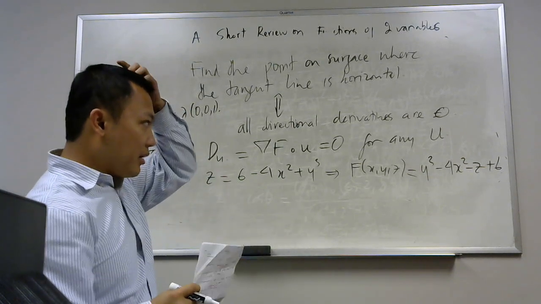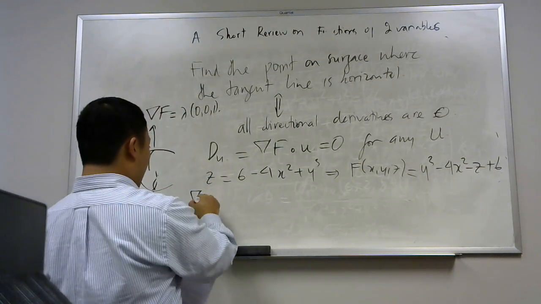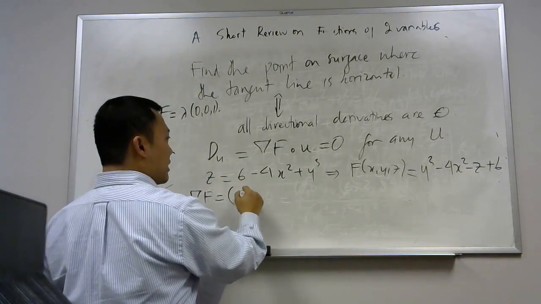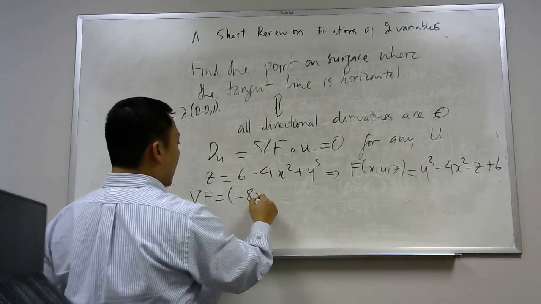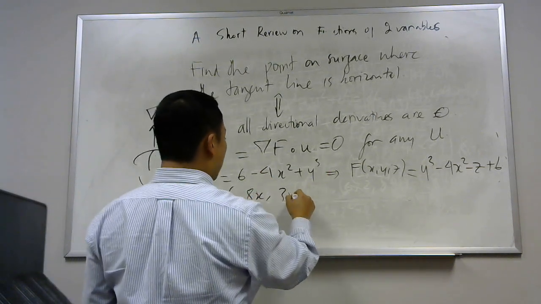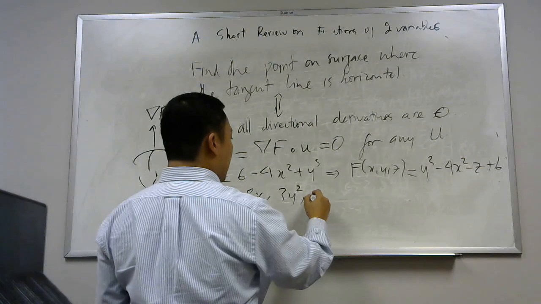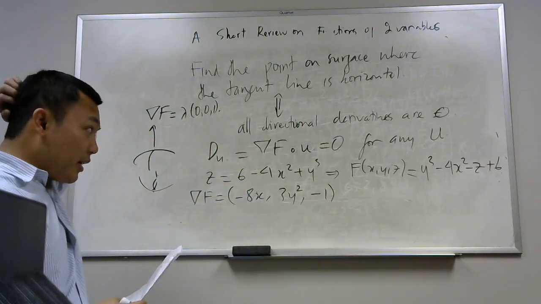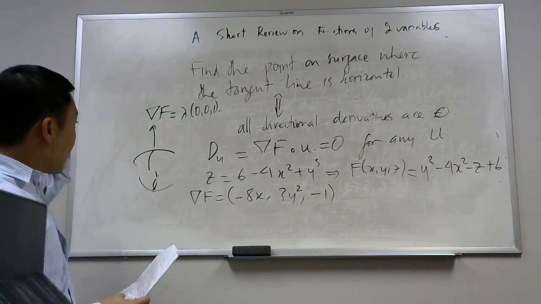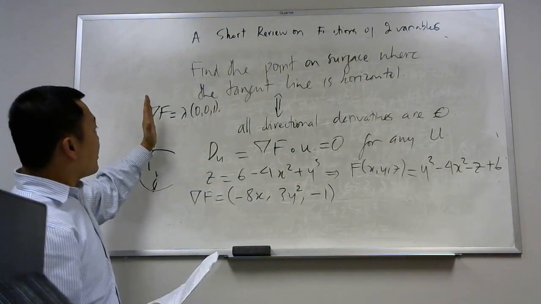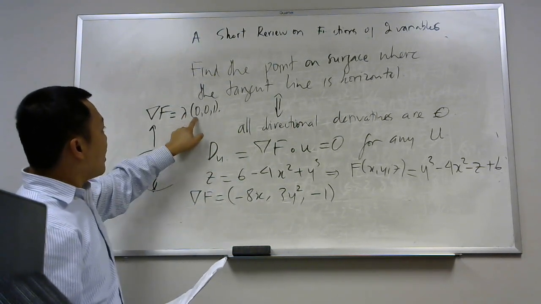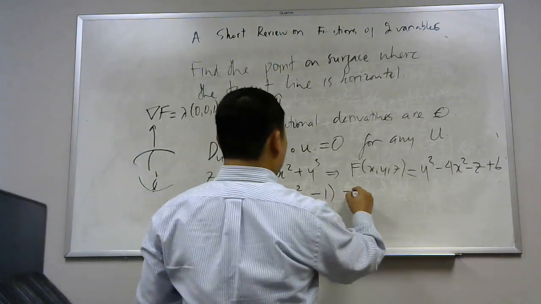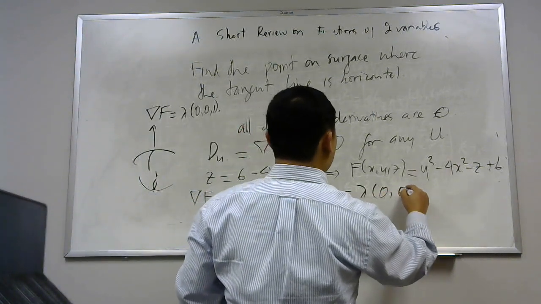Let's find the gradient of this function. That is (-8x, 3y squared, -1), that is the gradient, right? So in this case, the gradient has to equal lambda times (0, 0, 1).